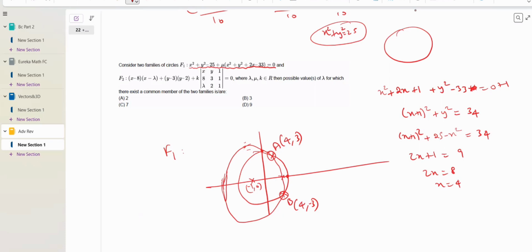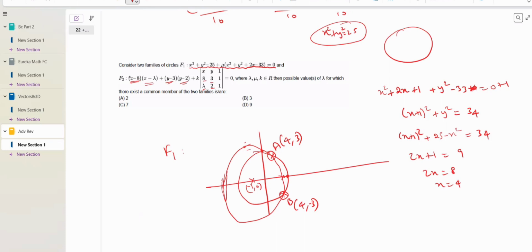When you read that, it feels like points, right? The 8 comma 3 point, and the lambda comma 2 point. And that is what is given here, right? x minus 8, y minus 3, x minus lambda, y minus 2.